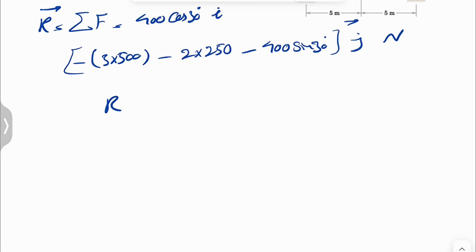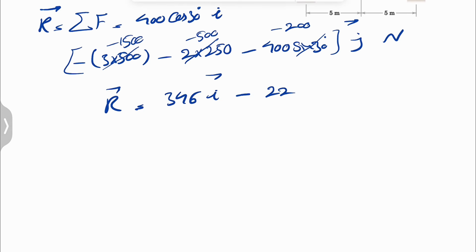All the forces are in newtons. Let's calculate what we get. For the x, 400 cosine of 30 is 346. And it's going to be negative 1500, negative 500, and sine of 30 is 0.5, so negative 200, which gives negative 2200 j, in newtons.